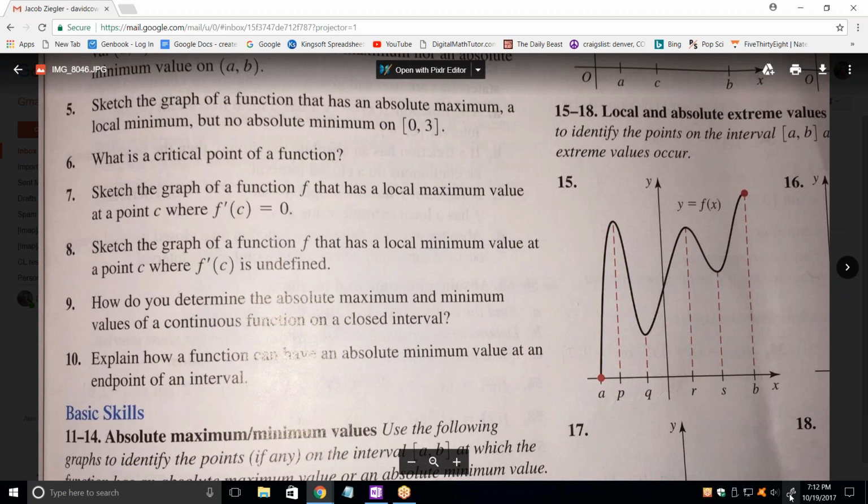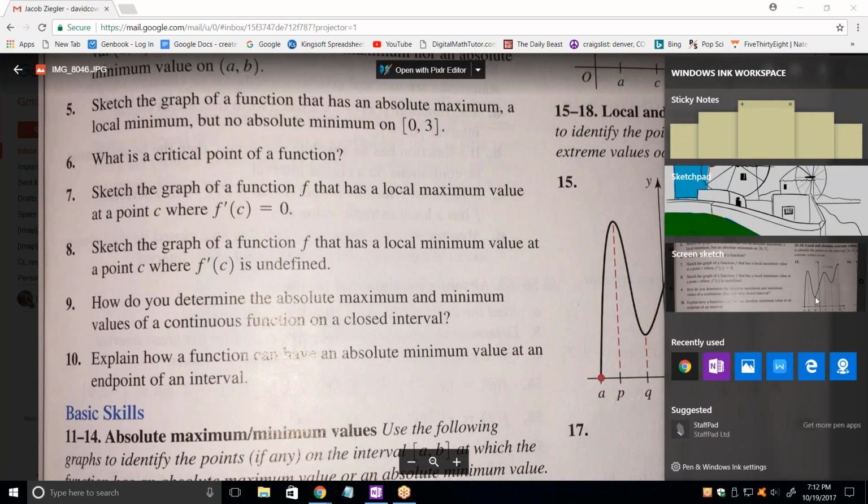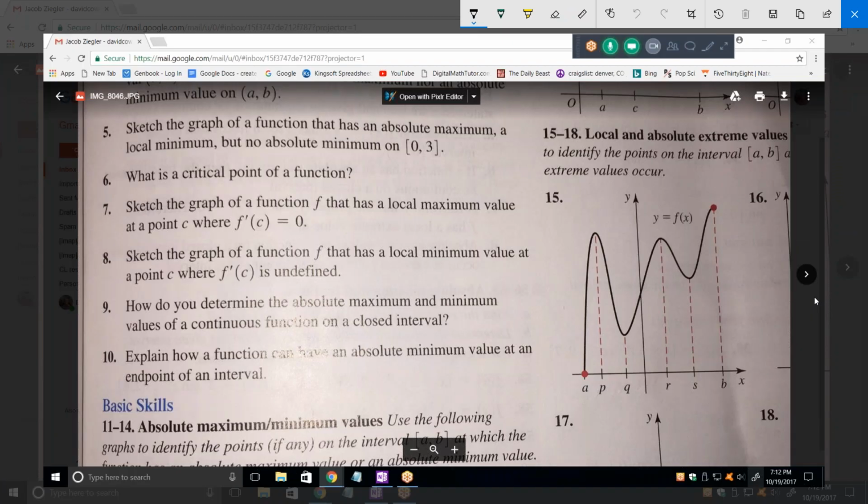So let's draw one that satisfies that condition. Has an absolute maximum and a local minimum, but no absolute minimum on 0 to 3, inclusive. Okay, so we need an absolute maximum, a local minimum, but no absolute minimum.